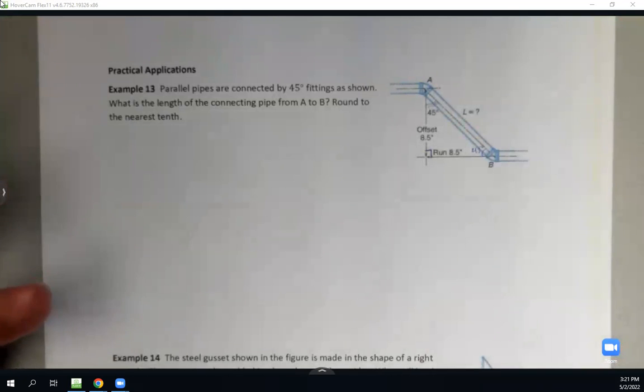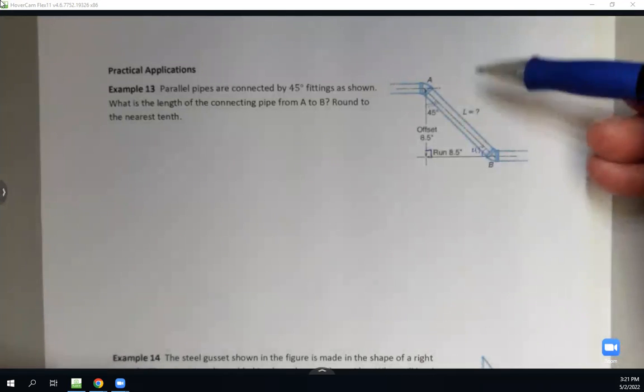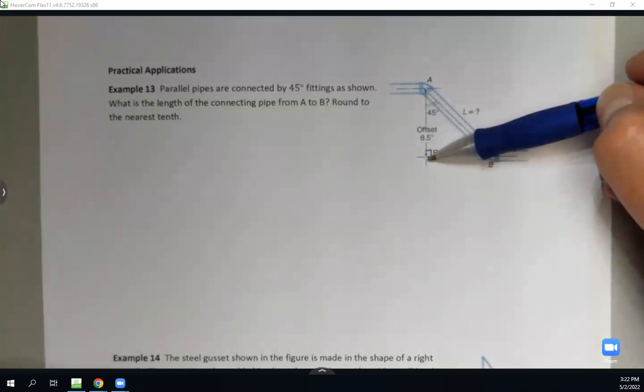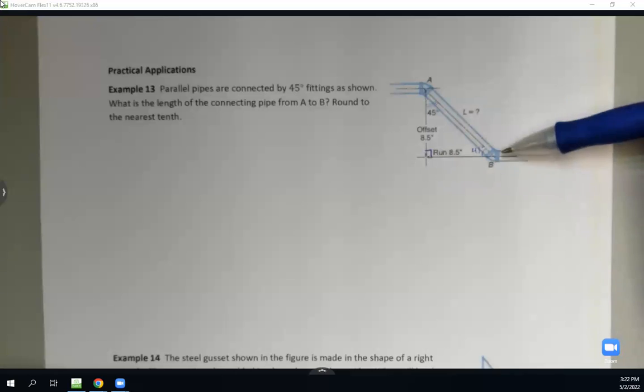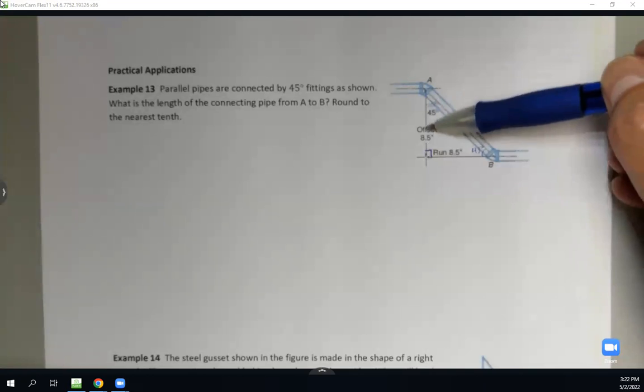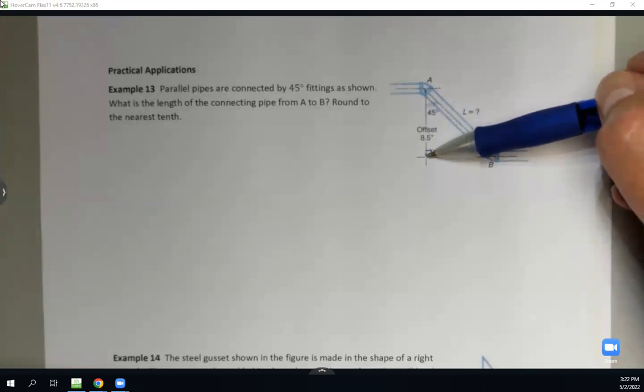And so we have a 45-45-90 triangle, okay? Does that make sense? So now we're told here that there is an offset of 8.5 inches. So this pipe down here is 8.5 inches below this pipe right here. Does that make sense? Okay.